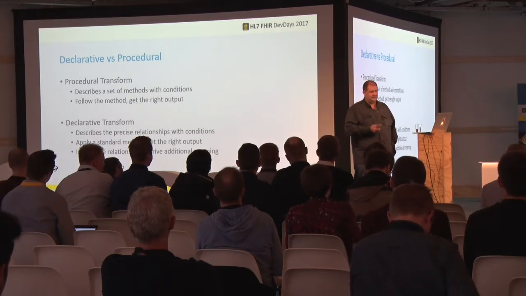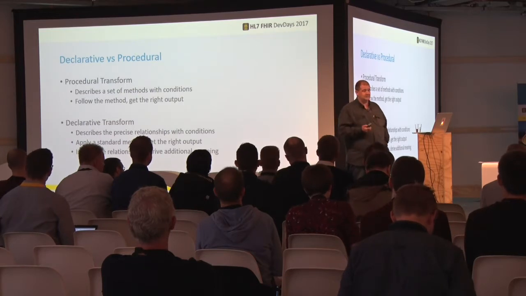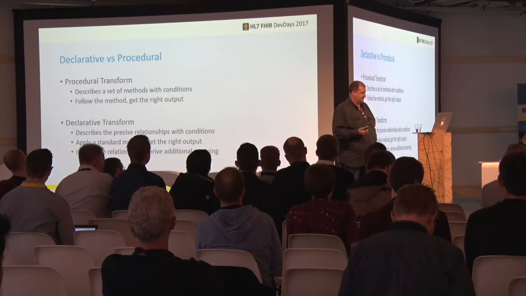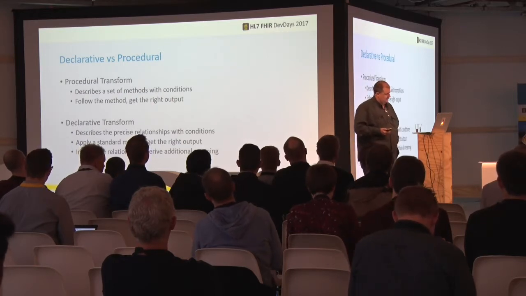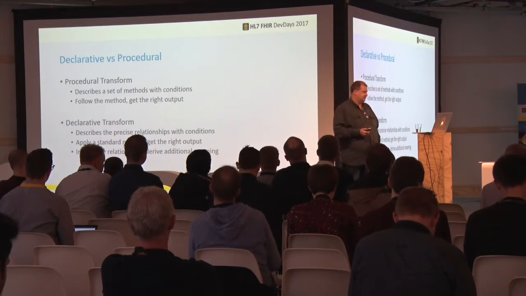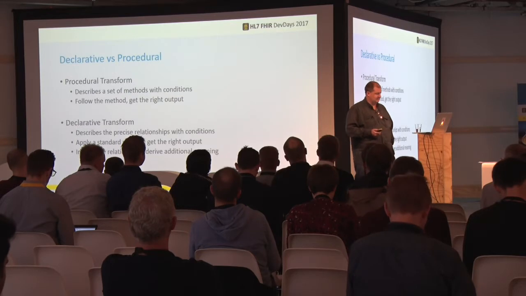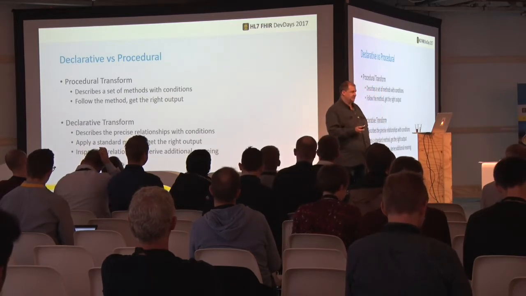Then if you apply a standard method to those specified relationships, you will get the correct output, hopefully consistently and reliably. The really cool thing about a declarative transform as opposed to a methodological transform is that you can inspect the relationships and derive additional value out of the expressed relationships.